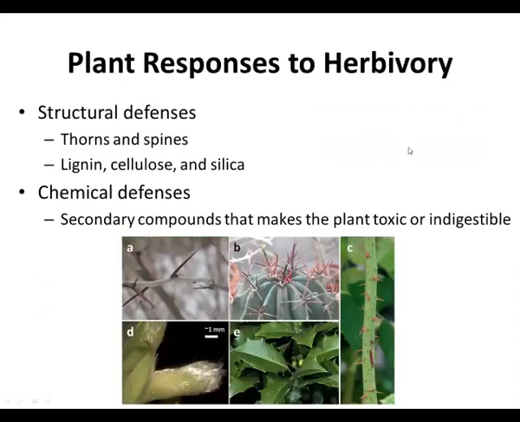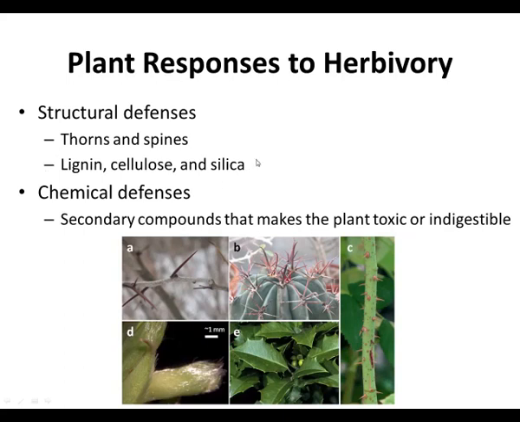And also, we discussed that herbivory is a kind of predation. So plants, or the prey animals, also have some responses to avoid herbivores. Some structural defenses like thorns and spines, so they basically evade the predators. And when we are in the field, we may see that most of the palm trees in the tropics have spines. And also some have higher content of lignin, cellulose, and silica. So this is not palatable.